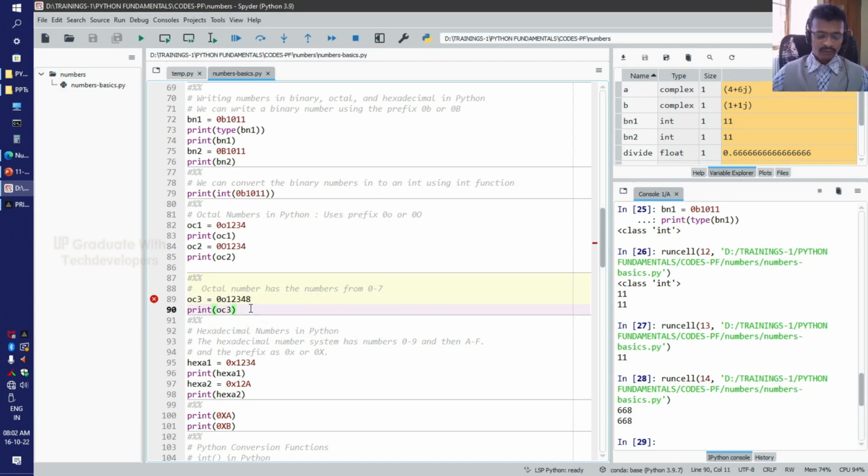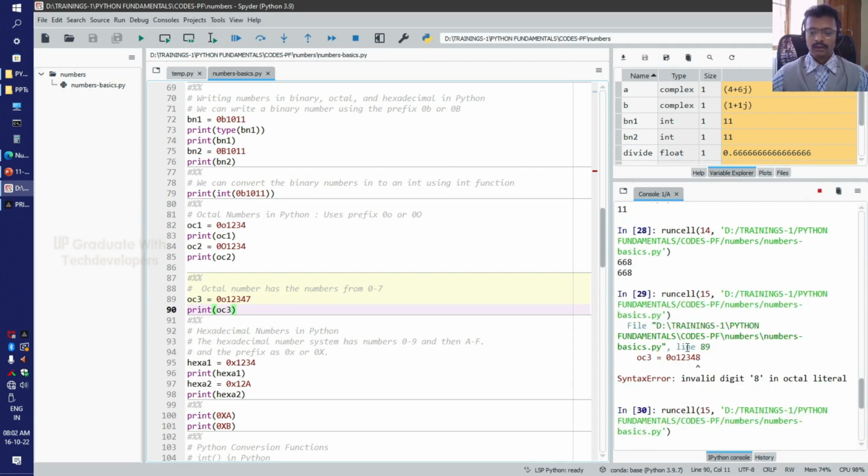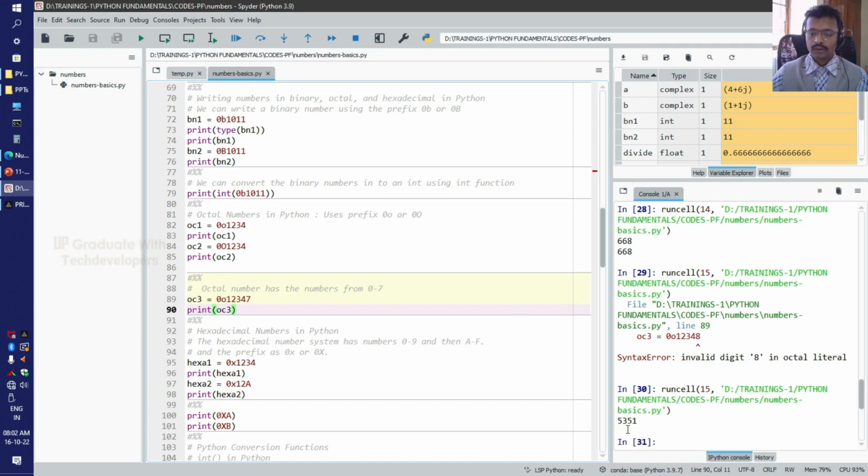If at all we try to create it, we will get the same error, a syntax error. Let us replace this with 7 and see what happens. This is the integer conversion of the octal number 1, 2, 3, 4, 7.